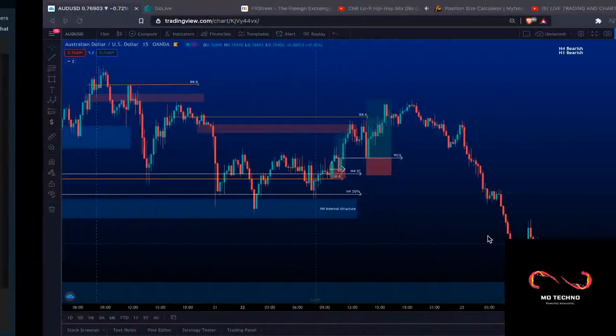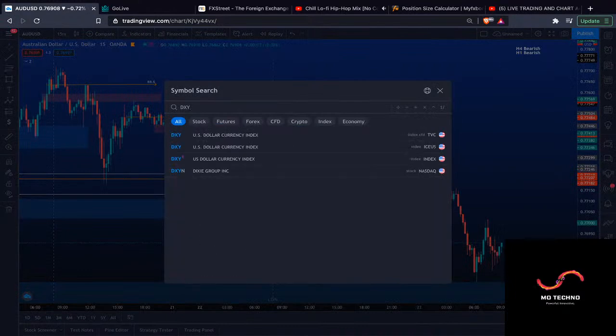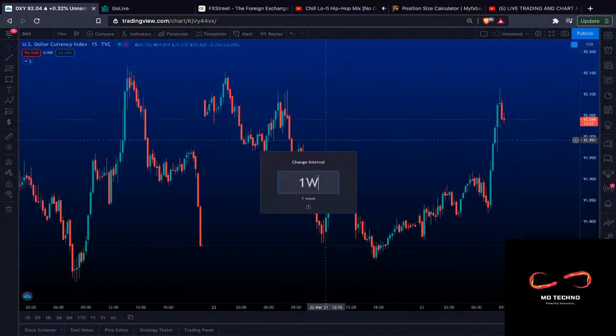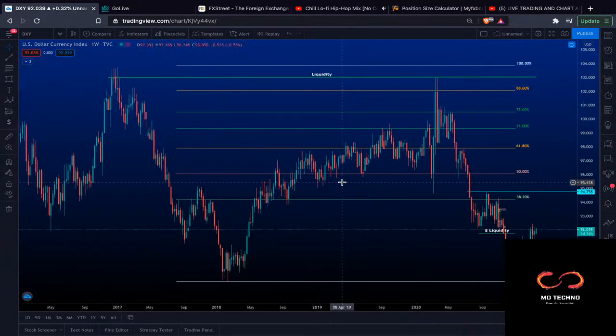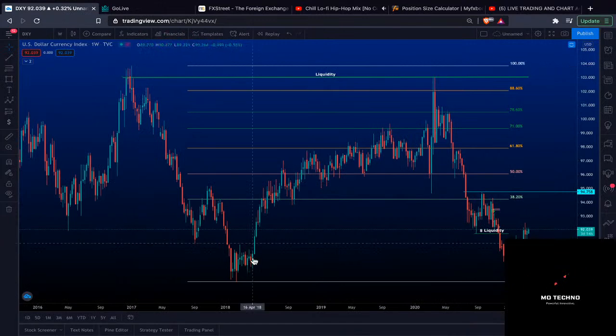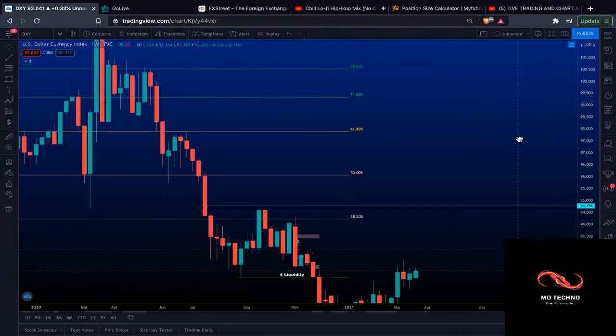So to get to it, let's start with the DXY real quickie. With the DXY, we're gonna go on the weekly time frame and do a quick top-down analysis. On the weekly time frame, what we see is a high, a low, a lower high, potentially a lower low, a little bit bearish long term.